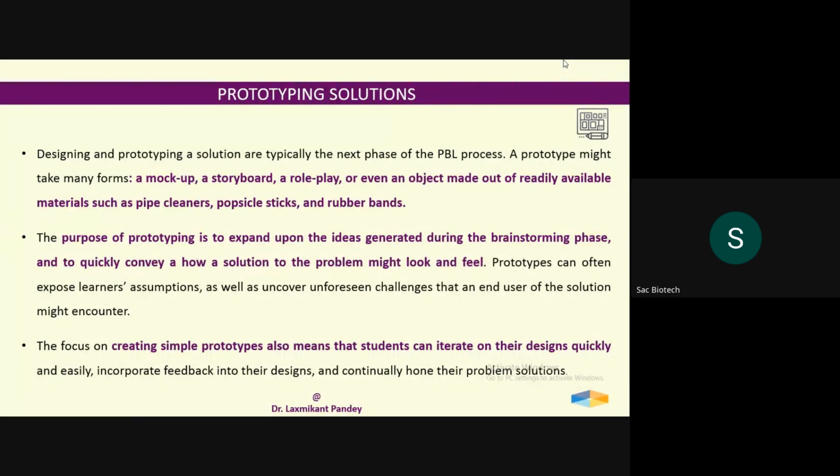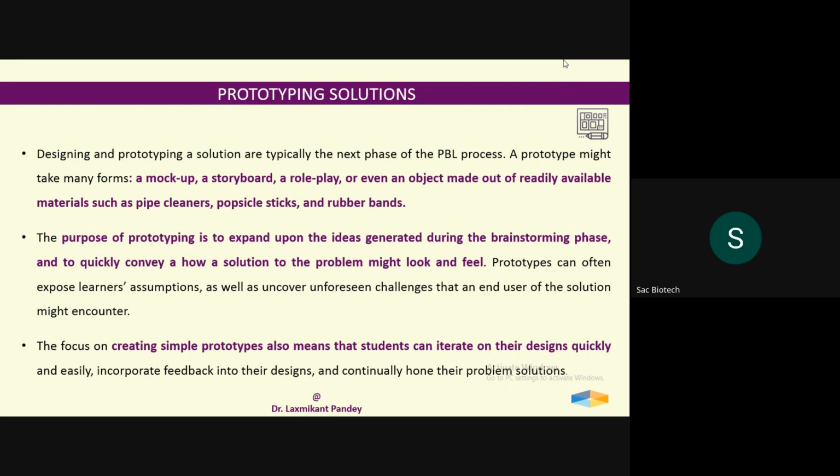So it depends upon what subject you are teaching. If you're teaching chemistry, you can think of those aspects. If you're teaching biology, you can think of those aspects. What are the problems available, and what are the probable solutions? In this way, students can understand how to come up with the solution for those problems.